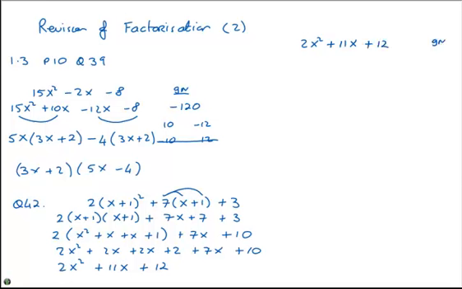guide number is 24. We want 11, so 1 and 24 won't work, 2 and 12 won't work. So what other factors have you got? Well, you've got 3 and 8. You can see there 3 and 8 will work, or minus 3 and minus 8. Clearly the negatives aren't what we need.